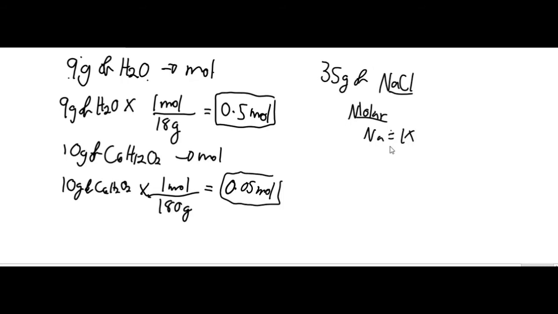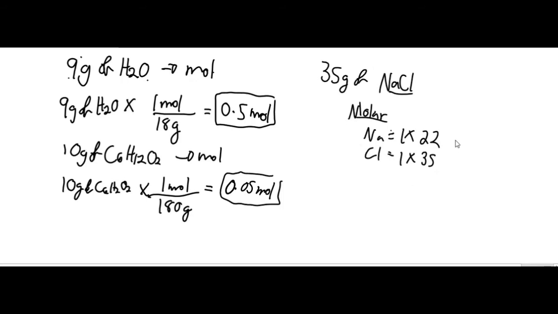If you can still remember, it's 22. There we go. And then, what is the atomic mass of chlorine? So, chlorine atomic mass is 35. All right, let's put that here. 1 times 35. There we go.